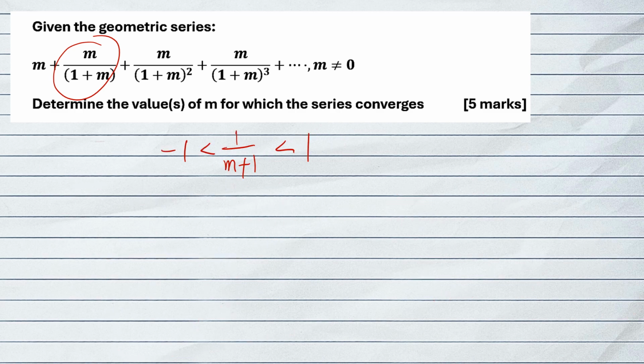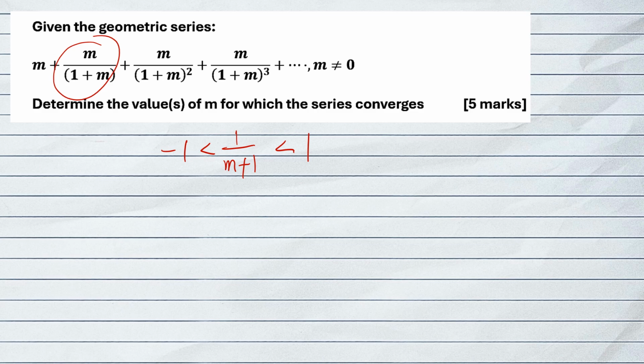This expression is quite complicated. You might not be able to solve for these values of m all at once. With a lot of these questions you can, but in this case it's a bit tricky, interesting at the same time. So how do we find the values of m?